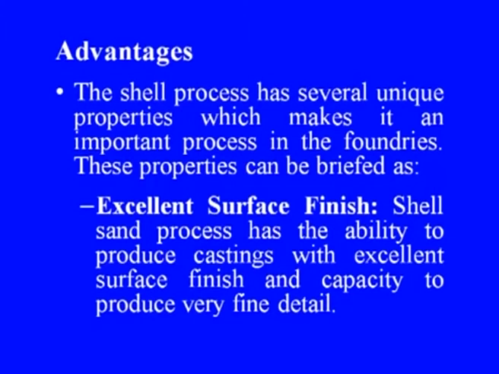Cell sand process has the ability to produce casting with excellent surface finish and capacity to produce very fine details. Next advantage is dimensional accuracy to be obtained. The process has an ability to produce castings to tight dimensional tolerances.